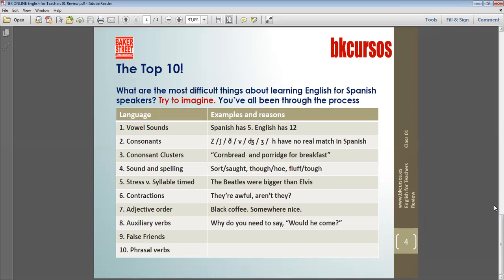What about our consonants then? Consonants have no real match in Spanish. What are those sounds, Monica, which have no real match in Spanish? Z, for example. V sound. What else?